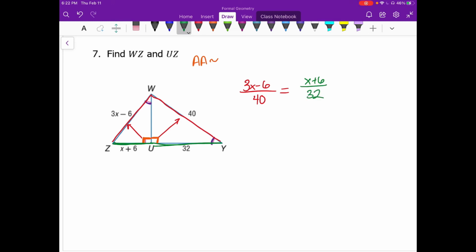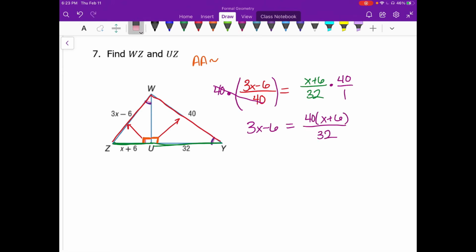So this one I have variables on both sides and two numbers on the bottom. So I'm going to need to multiply this twice. The first one I'm going to multiply by is 40 to get rid of this 40 on the bottom here. So when I multiply by 40 on both sides, I get 3x minus 6 equals 40 times x plus 6 over 32.